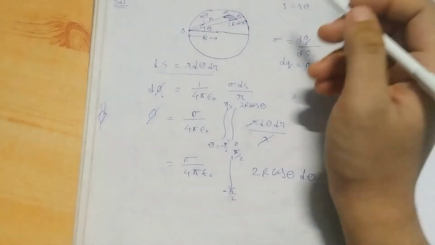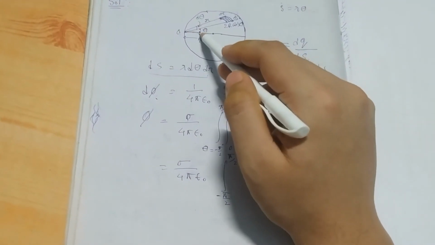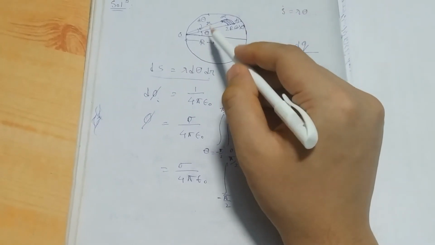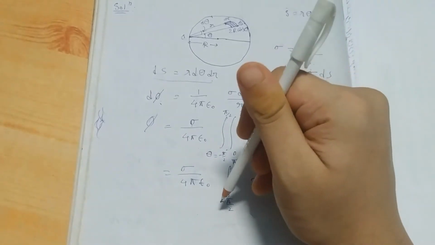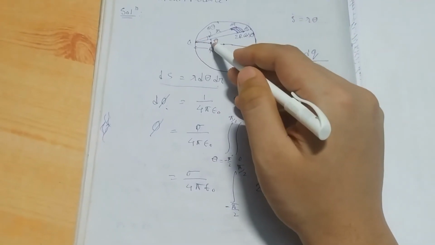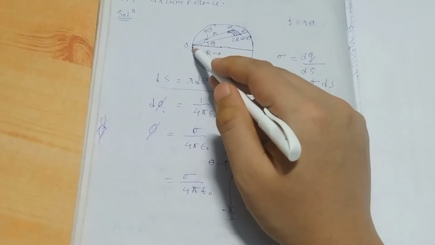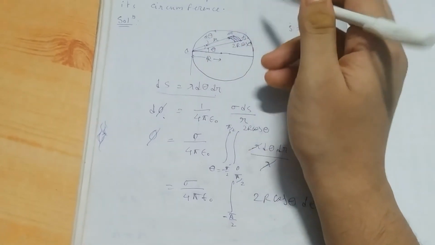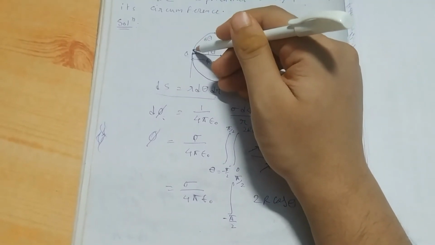Now, why this limit? Let us see that in this picture. This is the theta angle in the anti-clockwise direction. If I consider the minus pi by 2 angle, that will be from here, minus pi by 2 is the extreme end. And plus pi by 2 will be the extreme 90 degrees from here, so that will be this.